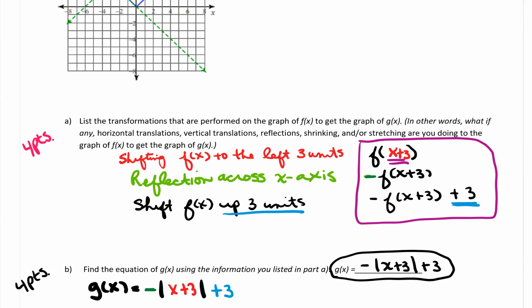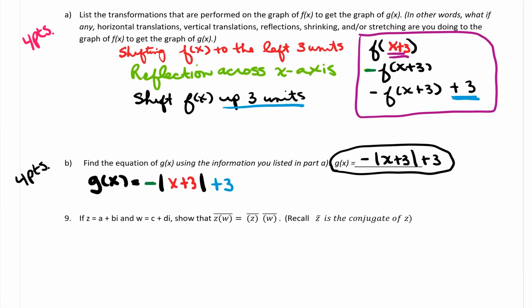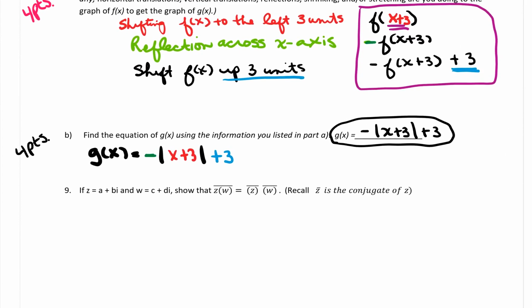Going to problem 9. So problem 9 says z equals a plus bi, w is equal to c plus di. Show that the conjugate of the product z times w is equal to z bar times w bar.